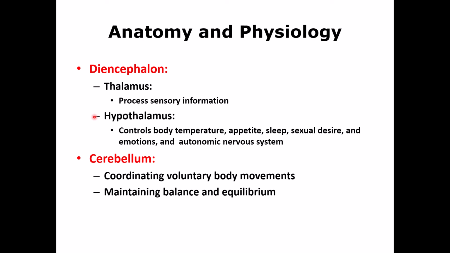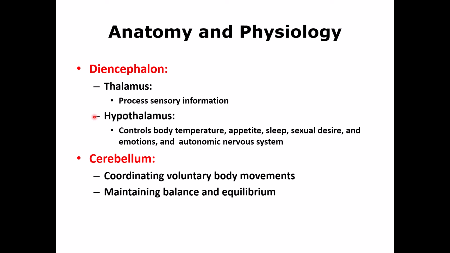It is also important for appetite, so the thirst and hunger center is there, and that controls the amount of feeding. Sleep is part of hypothalamus function, but there are also other areas of the brain, like the epithalamus, that are important for sleep. Sexual desire: there's a nucleus in the hypothalamus that is partially responsible for it.